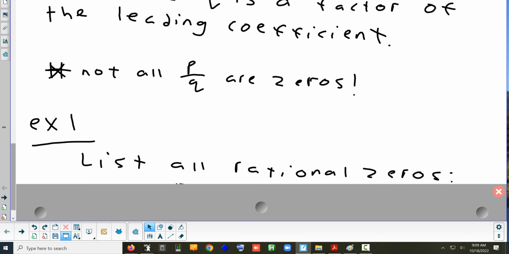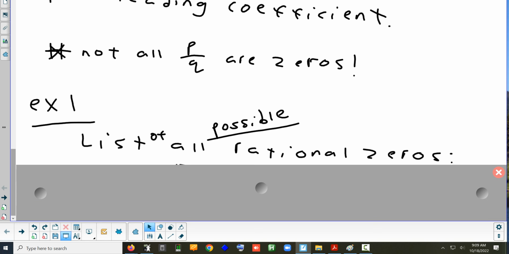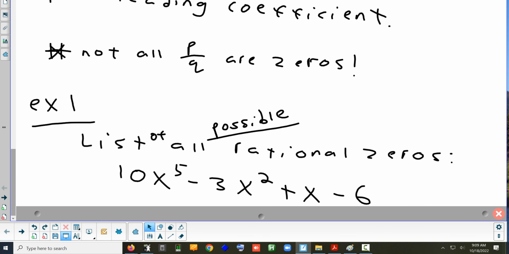And we're going to make a list of all possible, these are just possibilities. These are not actual answers, but it gives us a starting point to then find answers. Let's make a list of all possible rational zeros.